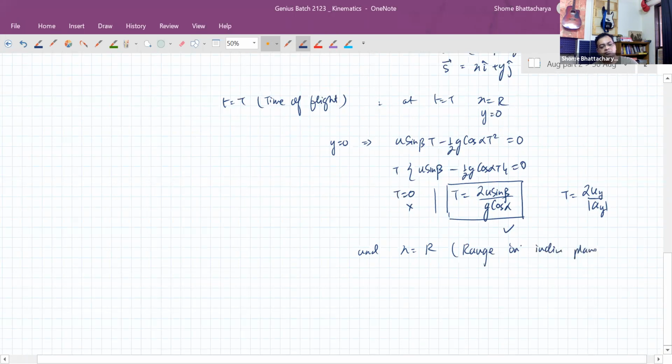It's going to become a very messy formula, but as a concept, it's very easy to understand that the range is going to be u cos beta, sorry, u cos beta, I think that's correct, into t plus half g sine alpha into t square.